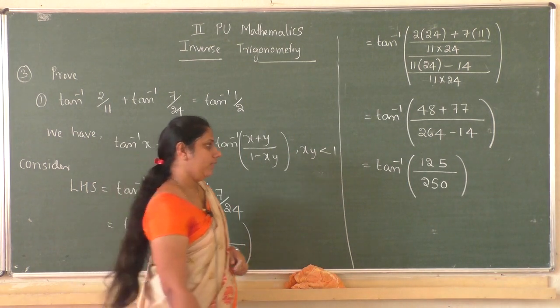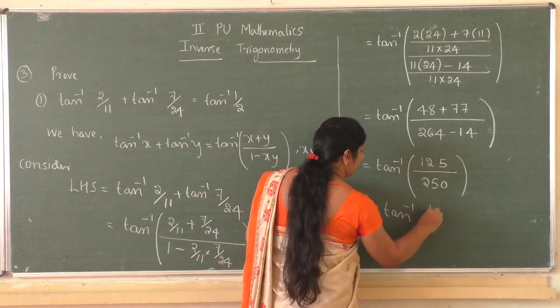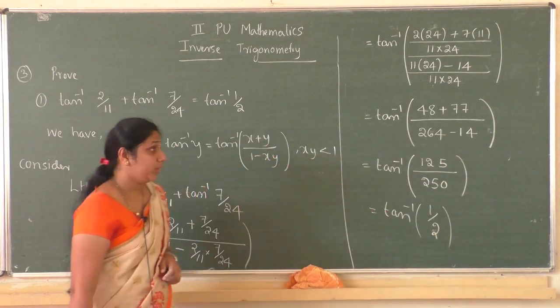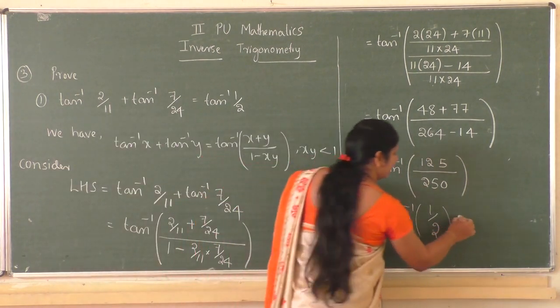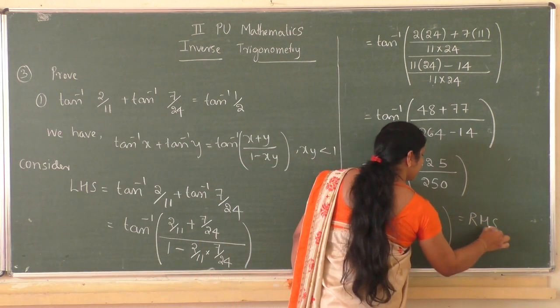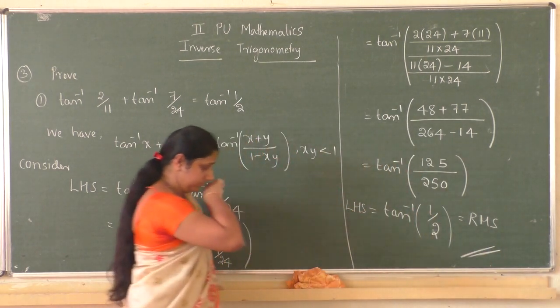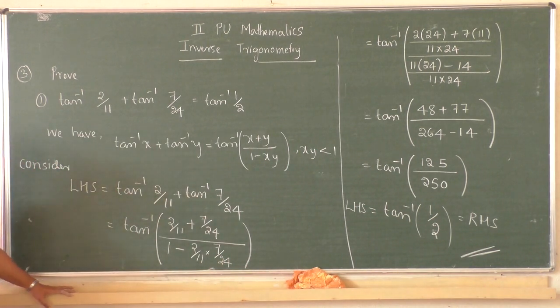So 125 by 250 is the same as tan inverse of 1 by 2, which is the required right hand side. Therefore both LHS and RHS are equal.